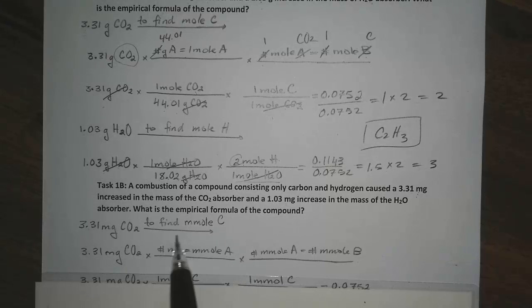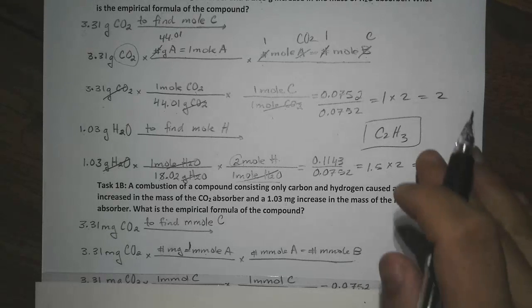And look at my conversion factor. I have milligrams of carbon dioxide times the conversion factor of molar mass, but in this case, I look at it in terms of milli. So we have the number of milligrams equal to 1 millimole of A, times the number of millimoles of A equal to the number of millimoles of B. So I have milli instead of just mole.